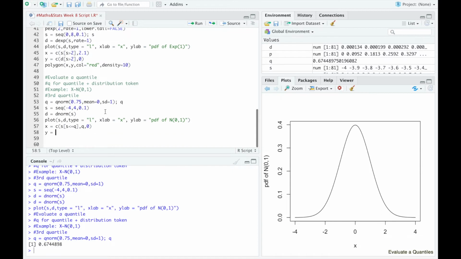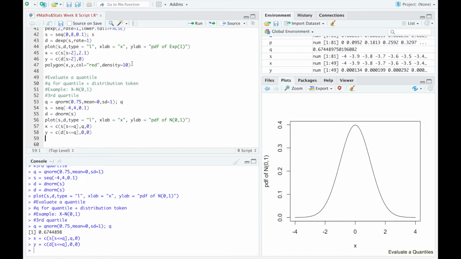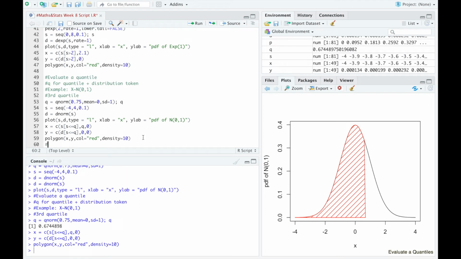And y will be equal to, I'm just extrapolating those points that are before q, which is the third quartile, and 0, 0. And we use the usual function polygon. That's great. So the area under the curve before q equal 0.6744898 is exactly 0.75.